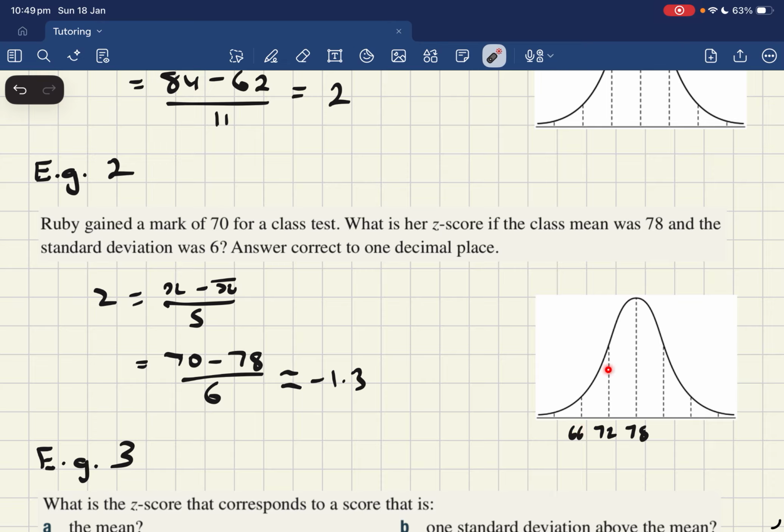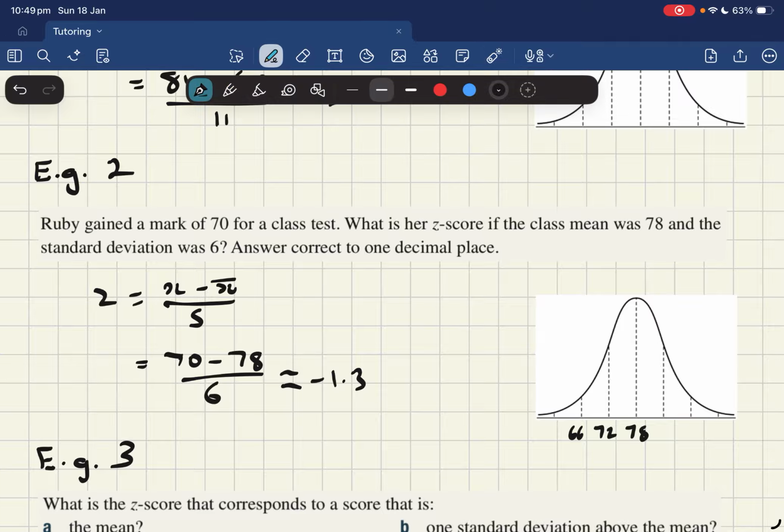So in between 1 and 2 standard deviations lower than the mean. So we anticipate it's going to be negative, and for 1.3, 70 is closer to 72. So it checks out that this decimal is going to be closer to this one. So her score is going to be roughly, let's say here. That's where you would roughly find a score of 70 on this normal distribution with these conditions.